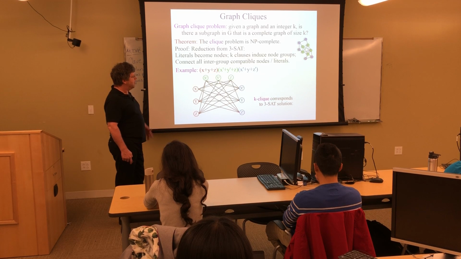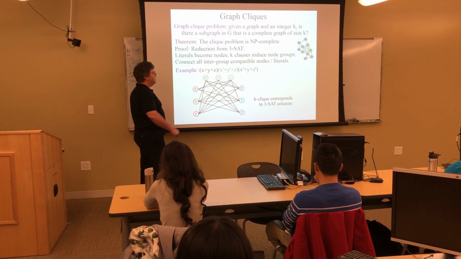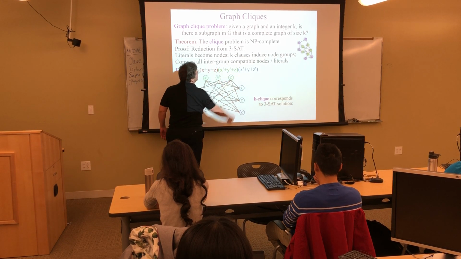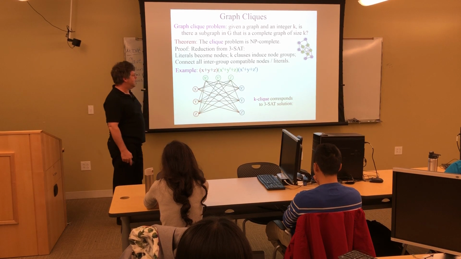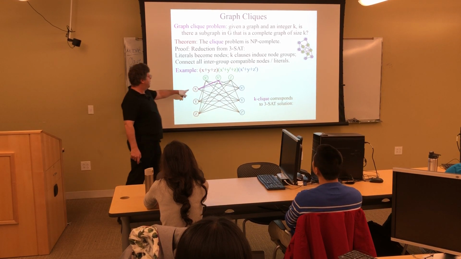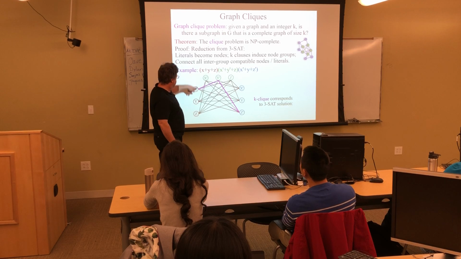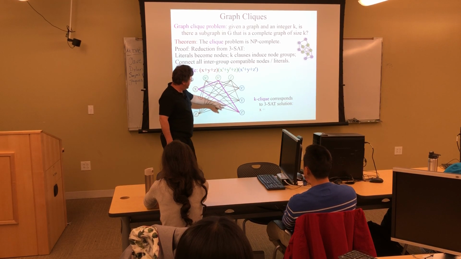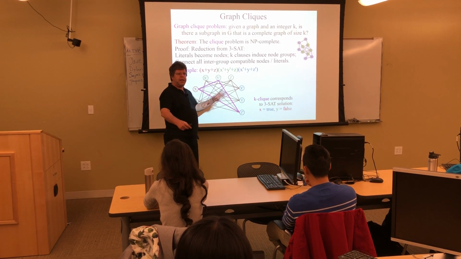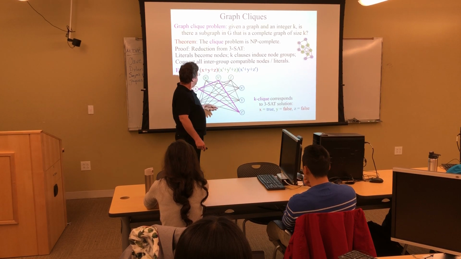So a k-clique will correspond to a solution of this satisfiability instance. For example, this purple triangle that I'm highlighting now, x and y naught and z naught, is a clique of size 3, right? It's just a triangle.